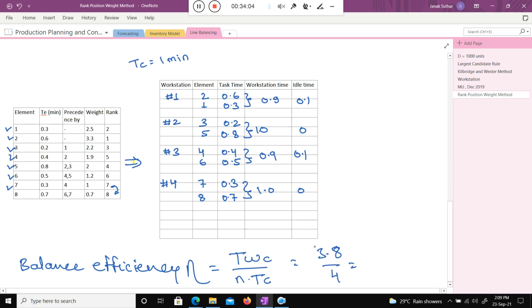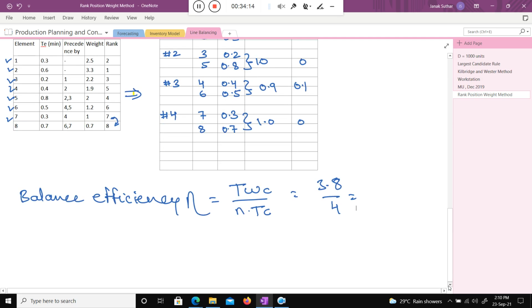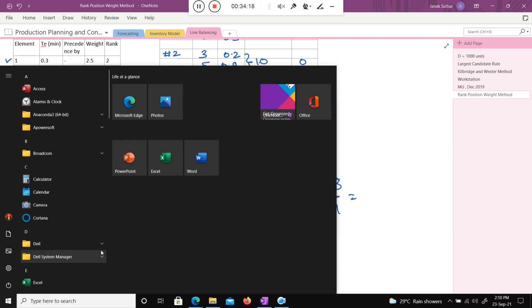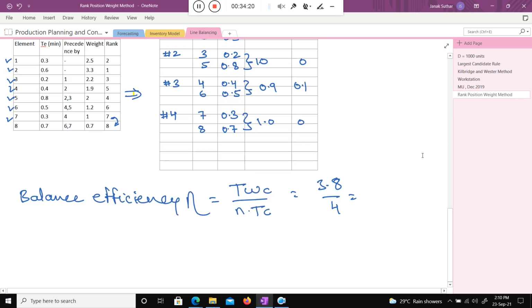Can you calculate? 0.95. Everyone getting 0.95, class? Yes, sir. Very good. So my balance efficiency is 95%.